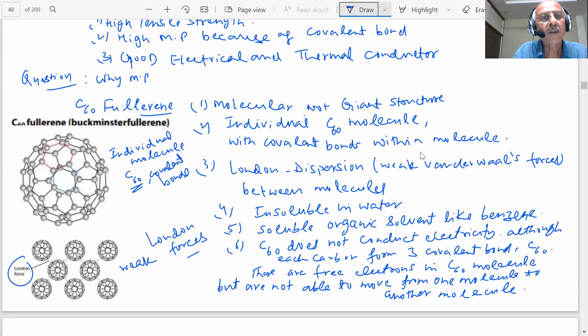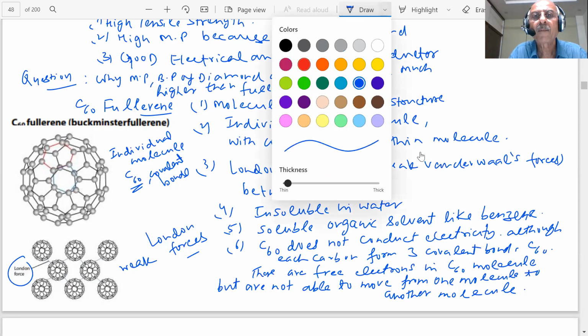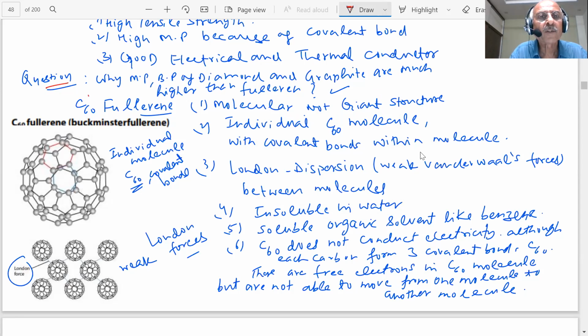Why are the melting point and boiling point of diamond and graphite much higher than fluorine?